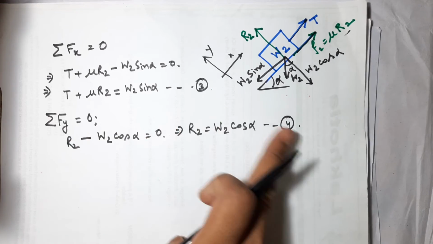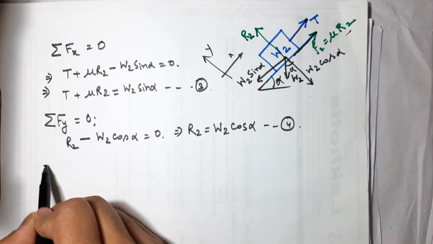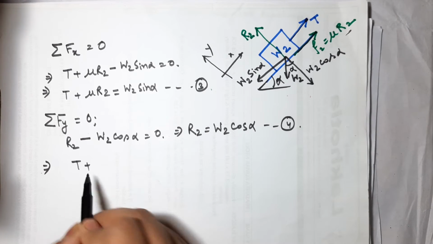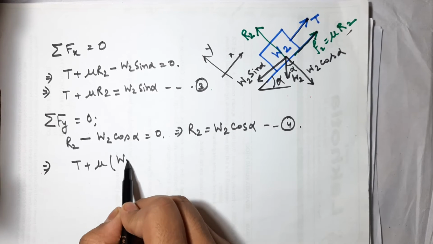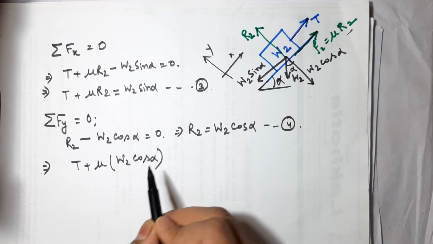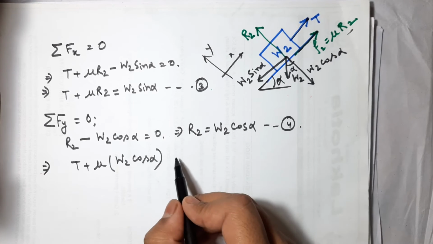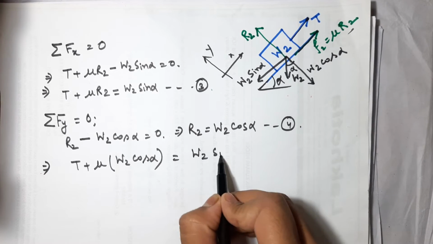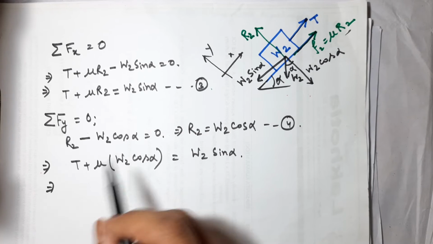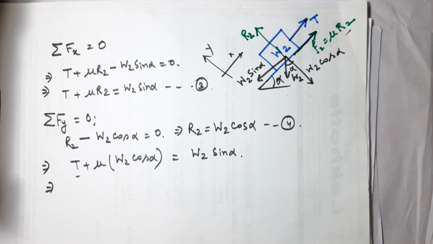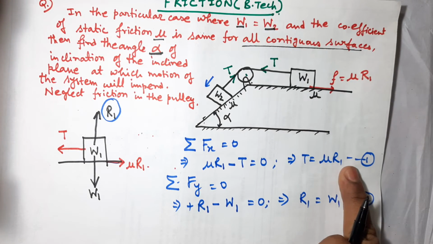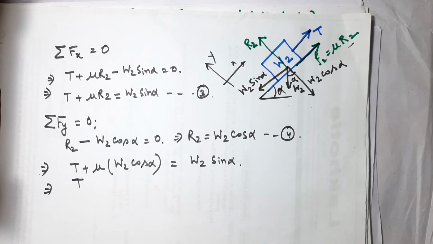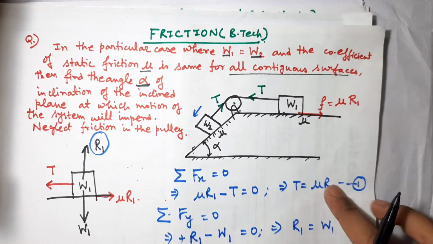Now from equations 3 and 4 we get T plus mu R2, that is mu W2 cos alpha, is equal to W2 sin alpha. And T is equal to mu into R1.